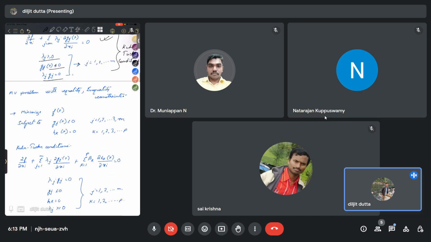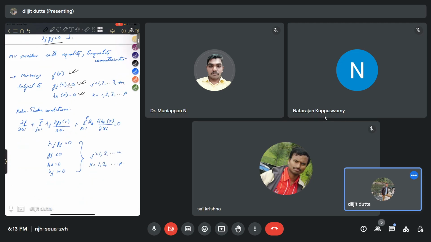There might be some problems where we have minimization of f of x subject to two kinds of constraints. One is the inequality constraint, and the second is the equality constraint, that is h k of x equal to 0. In that case, we can write the Kuhn-Tucker conditions with the Lagrange function where we have to add the term related to the equality constraint. The first two terms are the same, coming from the previous equation.